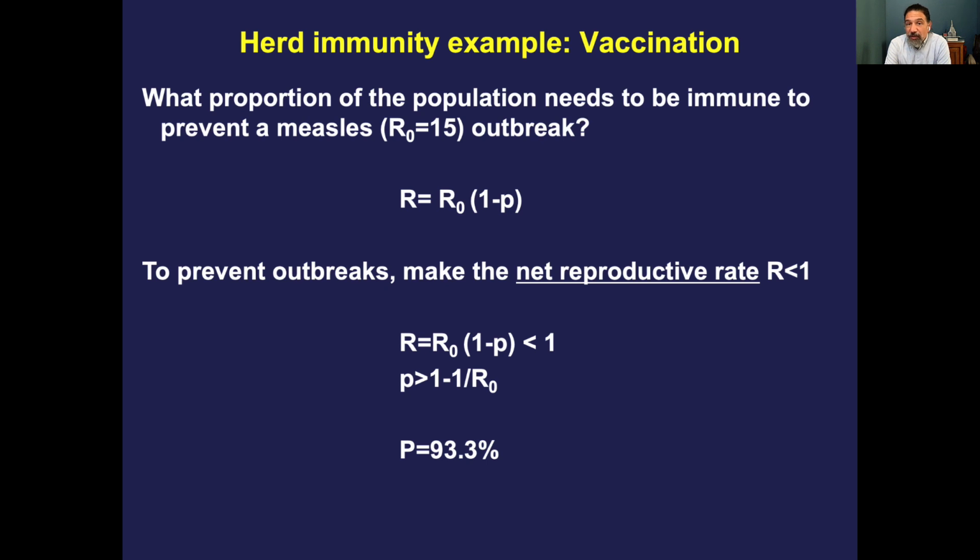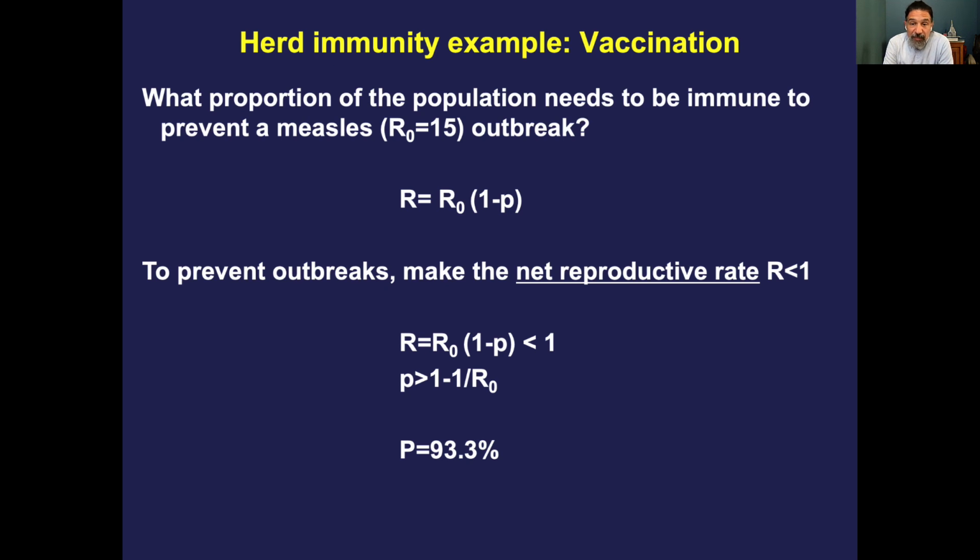So as the proportion immune increases, the potential for spread decreases. But at what level of immunity in the population is the herd protected against outbreaks and epidemic spread? Well, it turns out that you can estimate it by rearranging the formula for the net reproductive rate. Basically, you achieve herd immunity when the net reproductive rate is less than 1. So in the equation for the net reproductive rate R, you set R to be less than 1 and solve for P, the proportion immune.